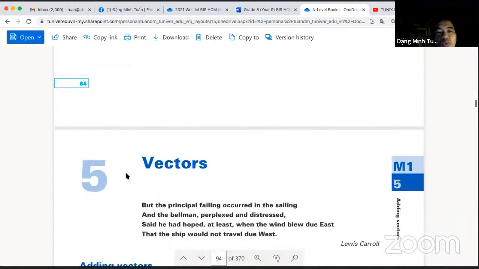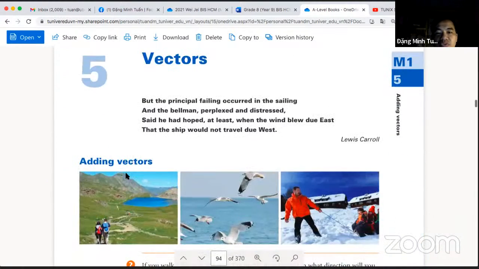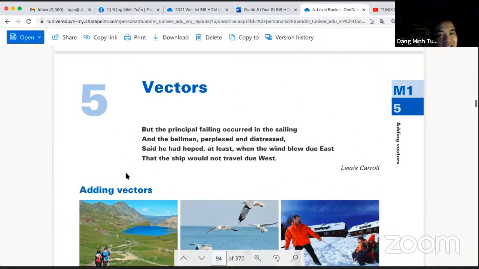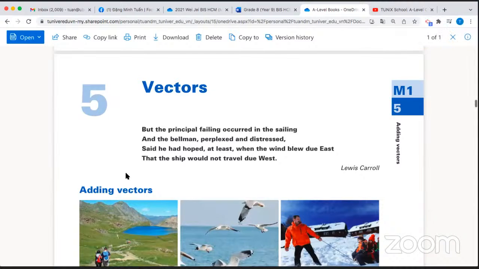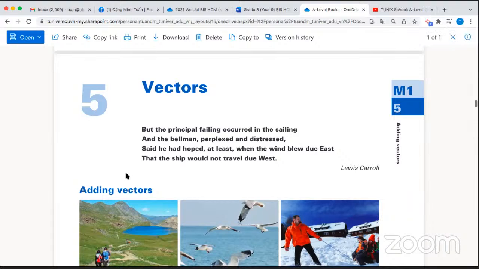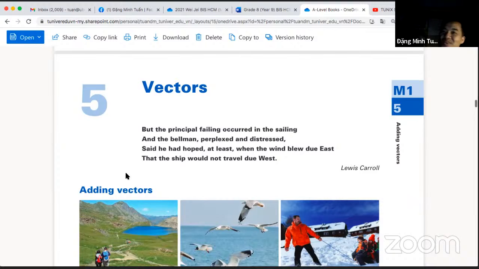And next time we will make it more complicated with vectors, which is a chapter of mathematics. But in mechanics, you need mathematics a lot. You can apply a lot of mathematics in physics and mechanics also. Without math you cannot follow the physics, without math you cannot follow the mechanics.